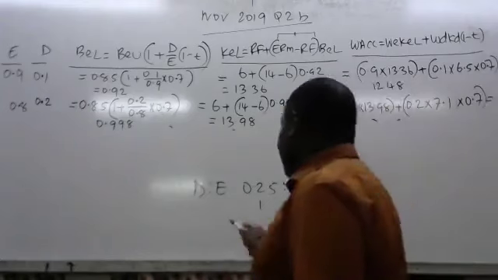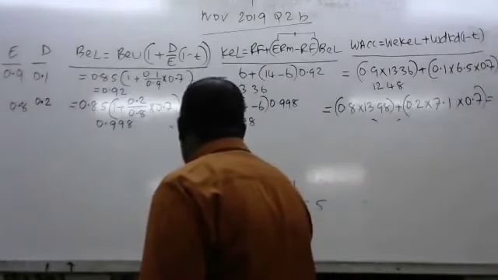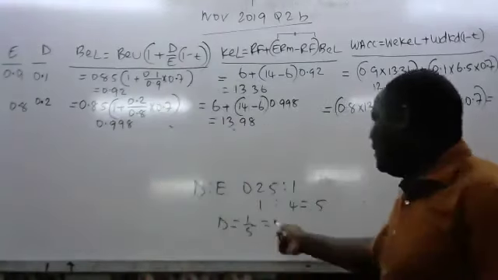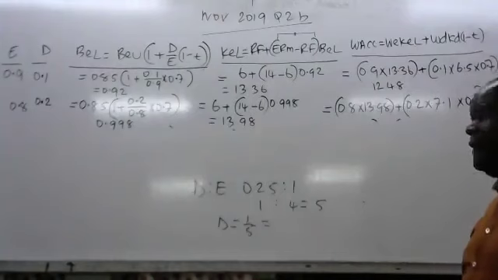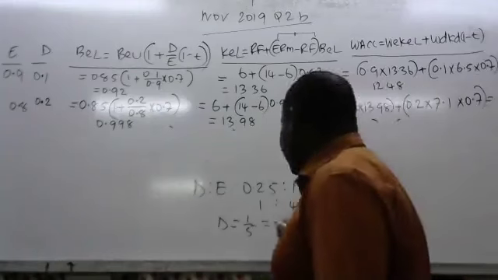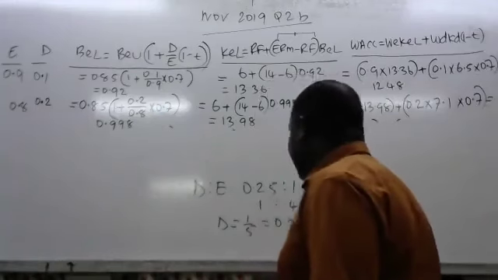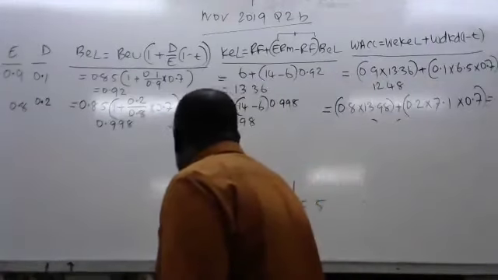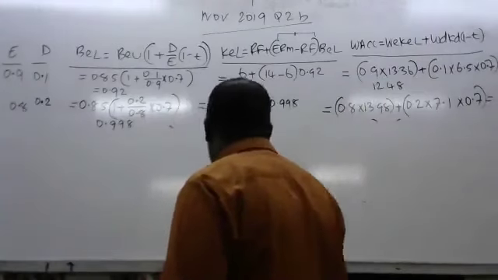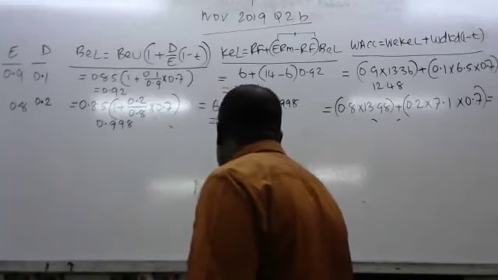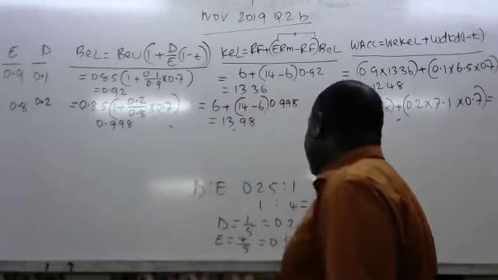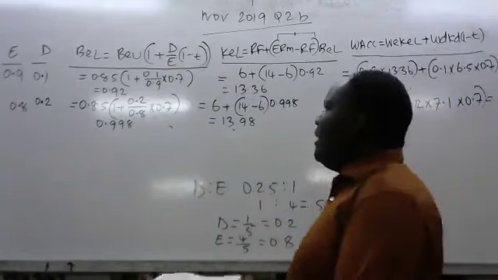So debt should be 1 divided by 5. The debt will take 1 divided by the total. So 1 divided by 5 is the same as 0.2. Then equity is going to be 4 divided by 5, which is the same as 0.8.